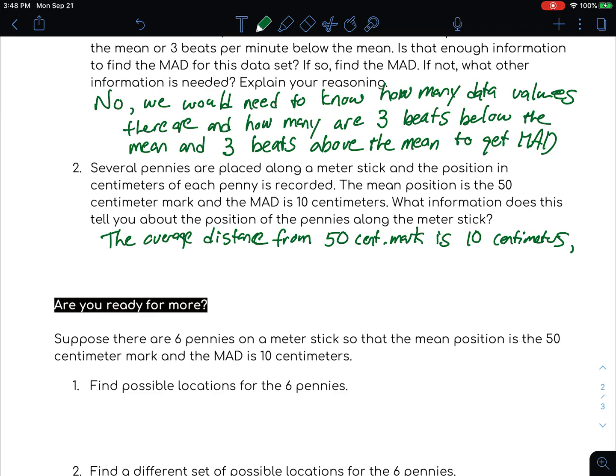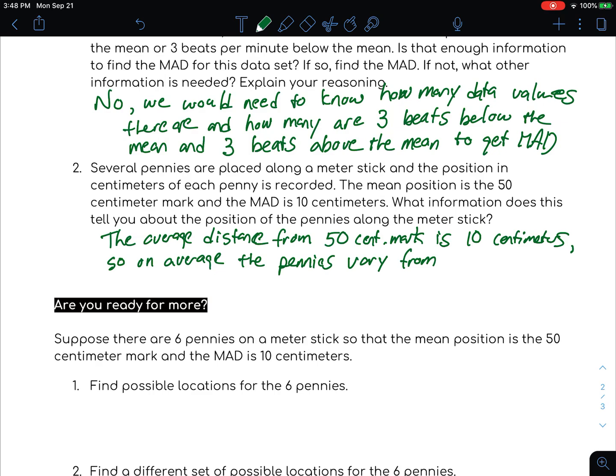All right, so if they average 10 centimeters away, that means the average distance is 10. The average distance away from 50 is 10. So on average, the pennies vary from 10 centimeters below the mean, which would be what, 40.